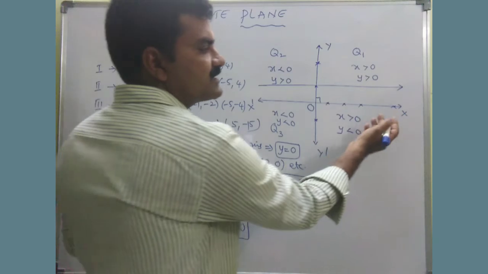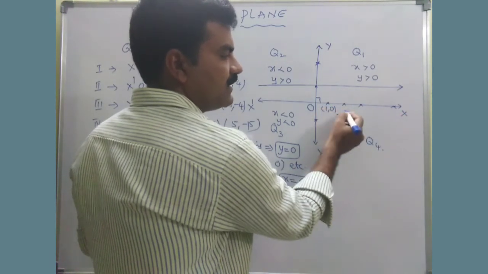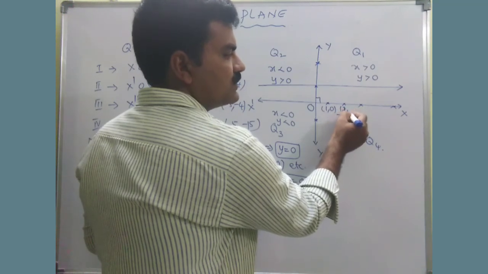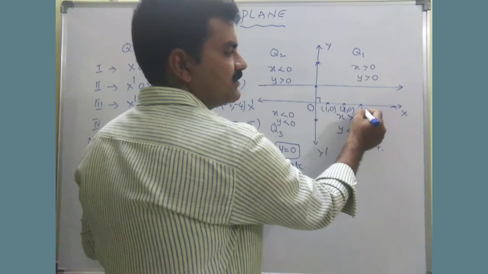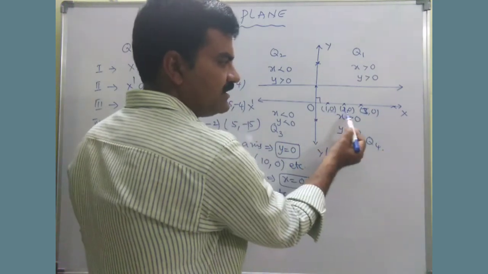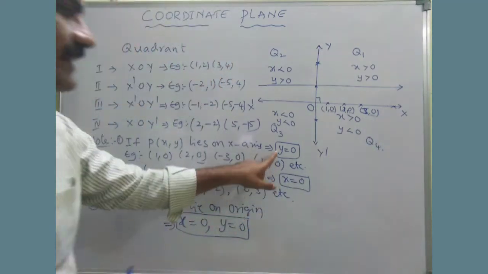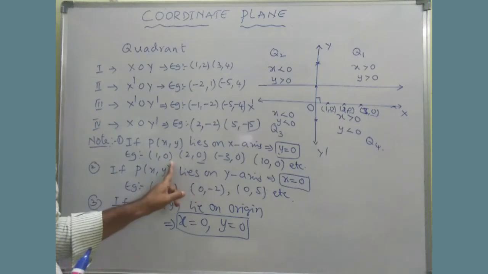Earlier we discussed, if a point is on the x-axis, for example, this is the point 1, 0, maybe this is 2, 0, maybe 5, 0 or 3, 0. So if it is a point on the x-axis, then we observe that the y coordinate is 0.